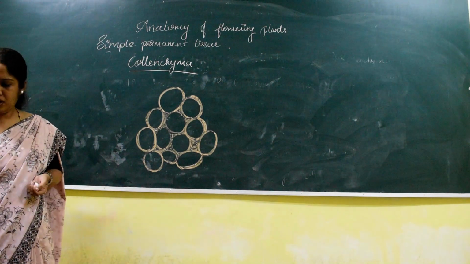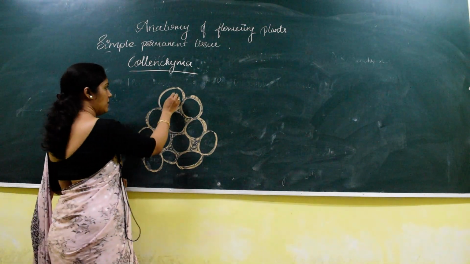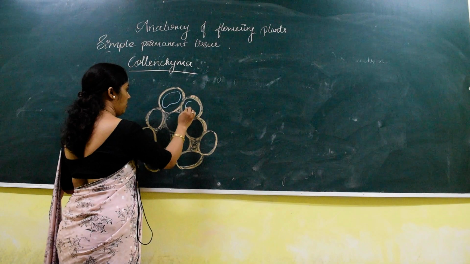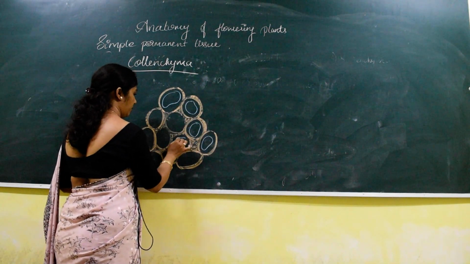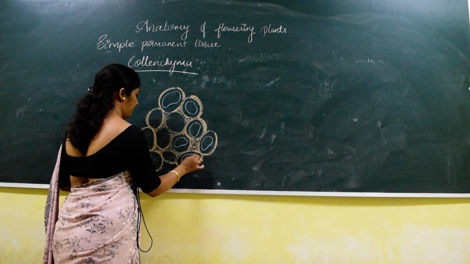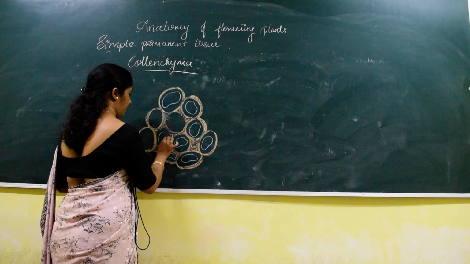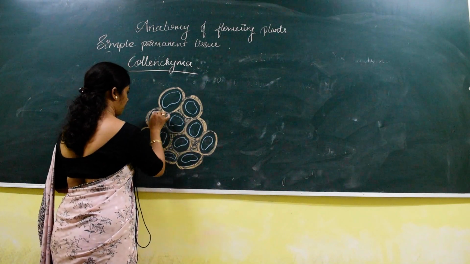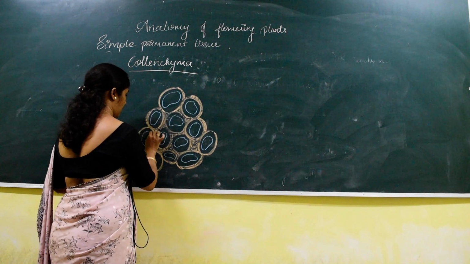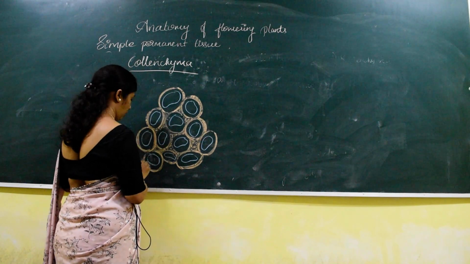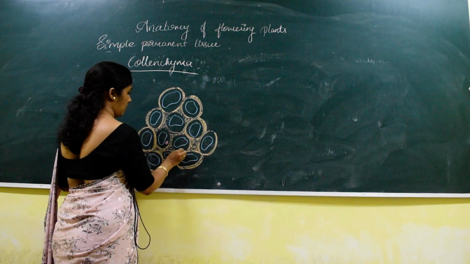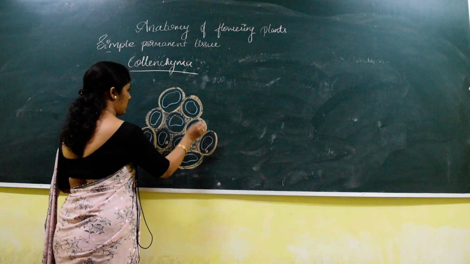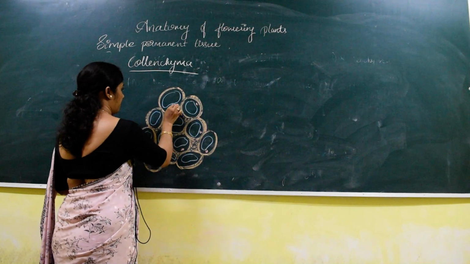So thick cell wall. Inside this we will see a large vacuole because it is a living tissue. It is not a nucleus, it is a vacuole, and also we will see a nucleus, which is towards the periphery.